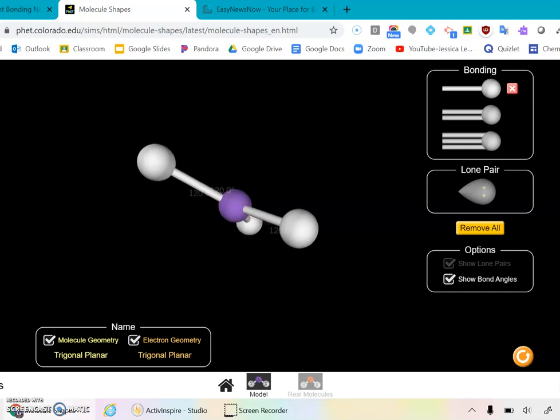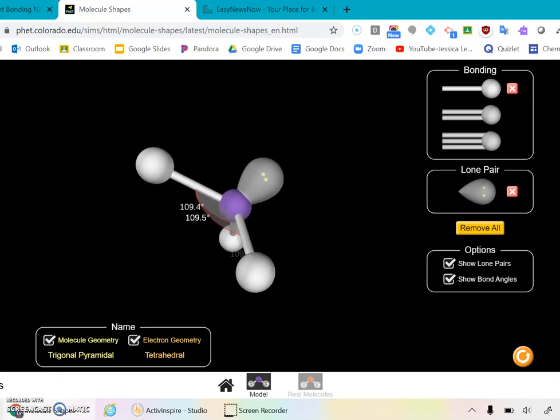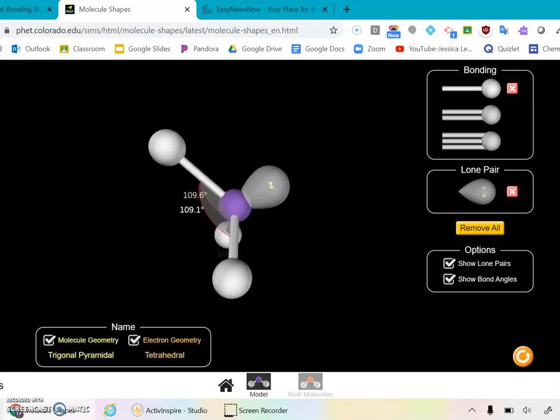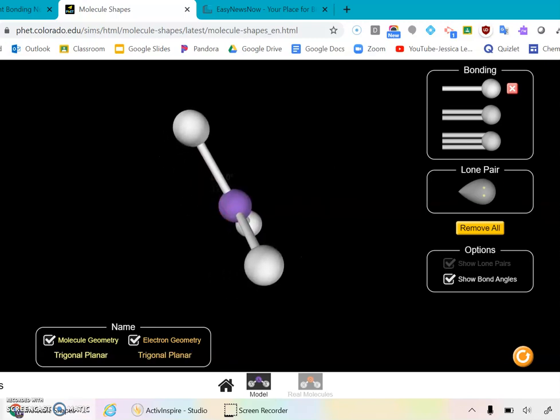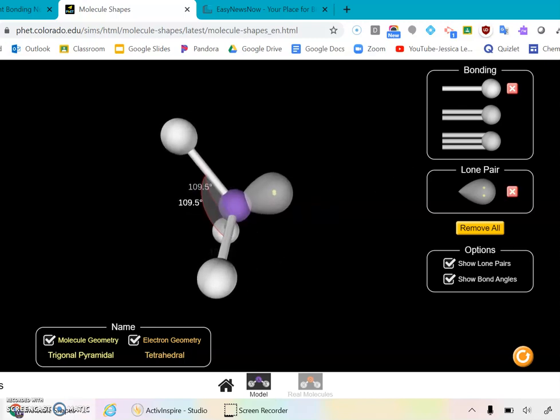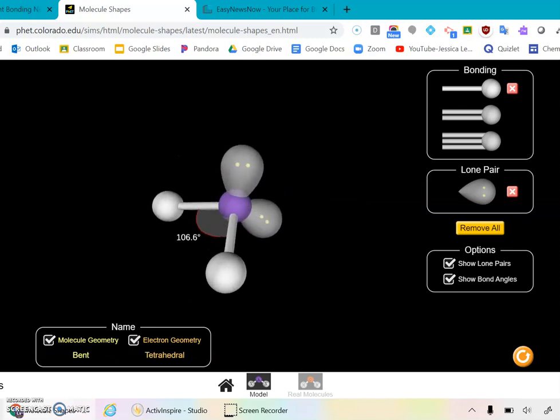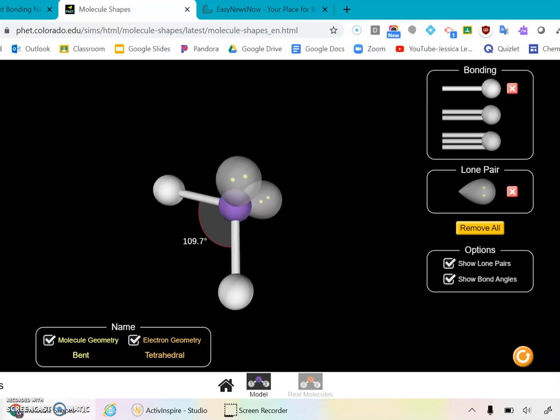No lone pair, they're all in the same plane. One lone pair, they get repelled down. Look at that again. No lone pairs, lone pair. Steric number of 3, steric number of 4. If I remove one of these and add another lone pair, here is your bent or angular bond angle right here. Always very nice to see this stuff with the simulator.